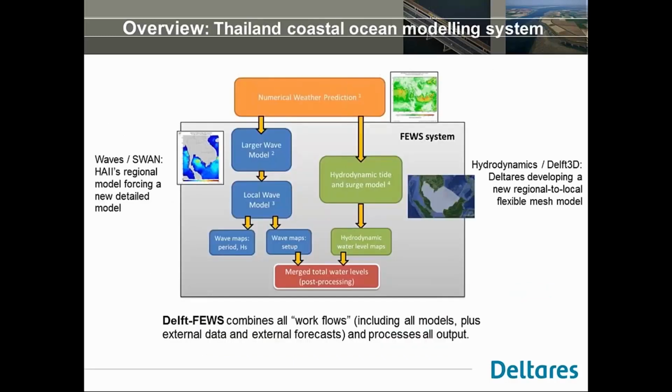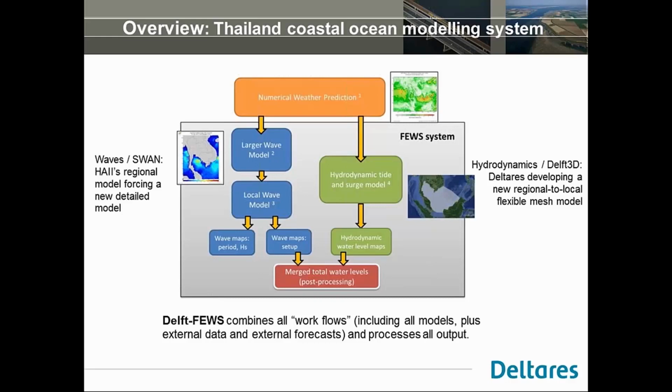This sketch illustrates how the different components fit in this early warning system. You can see that everything starts on top with a numerical weather prediction, which will force all the models. On the left, I show the wave models, which in this project were led by HAII. There's a regional model, coarser, forcing a local model, finer and focusing on the southern part of Thailand.